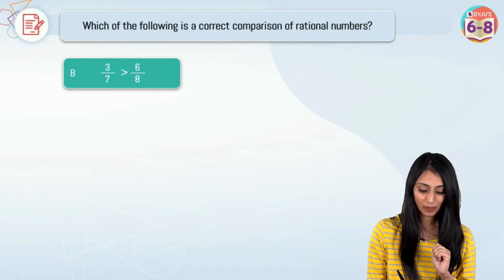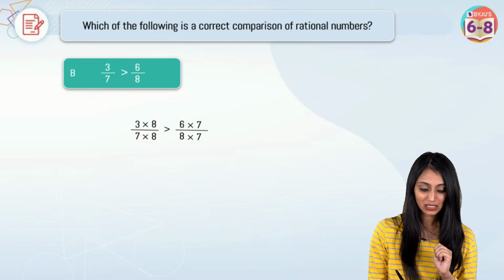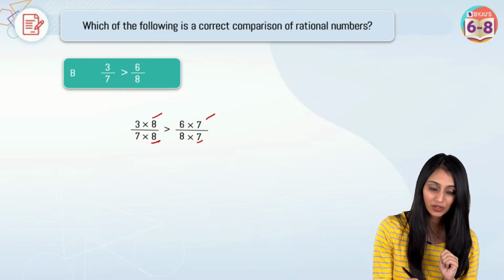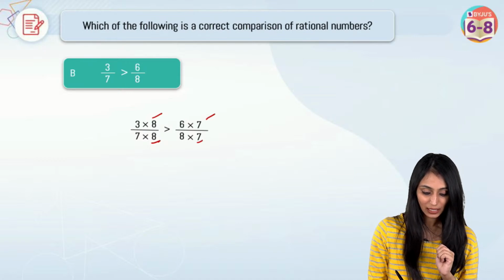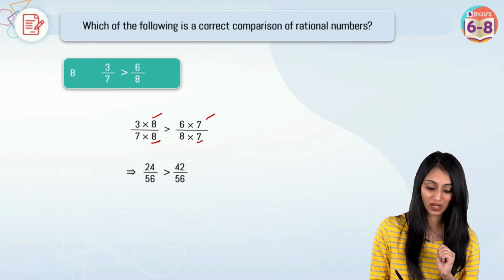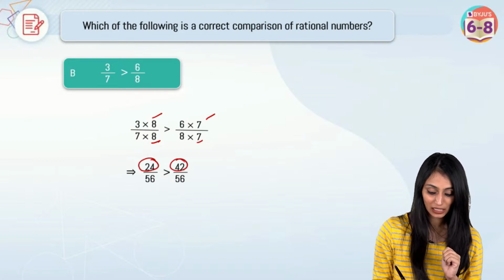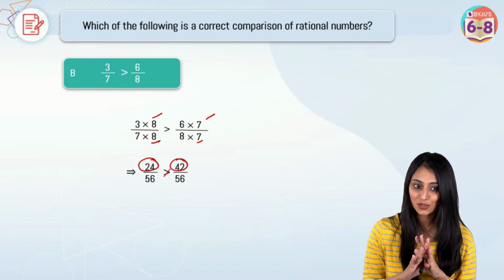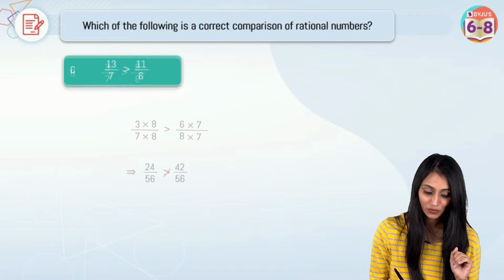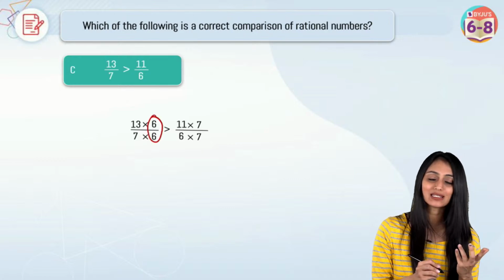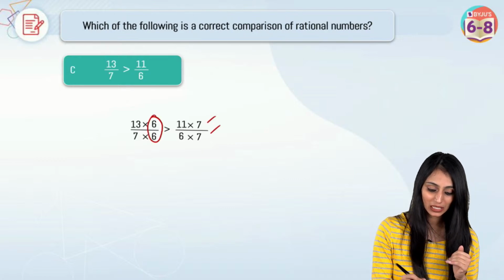Moving to the next one, 3 by 7, 6 by 8. Simply I'll multiply the numerator and denominator by 8 here and by 7 here. What do I get? I get 24 by 56, 42 by 56. It says 24 is greater than 42, which is wrong, right? So this is also not the correct answer. Moving to the next one, 13 by 7, 11 by 6. Similarly, I'll multiply the numerator and denominator here by 6, and here by 7.